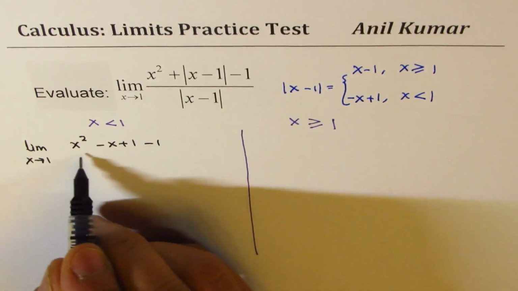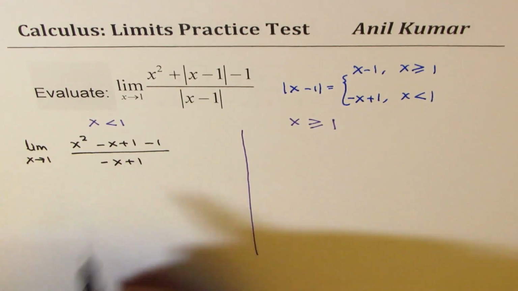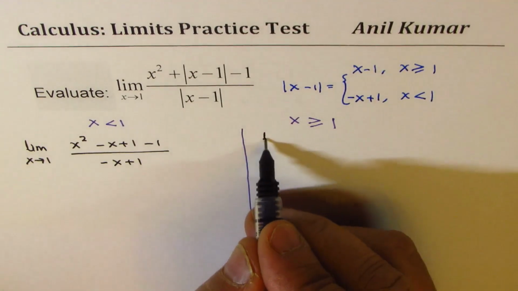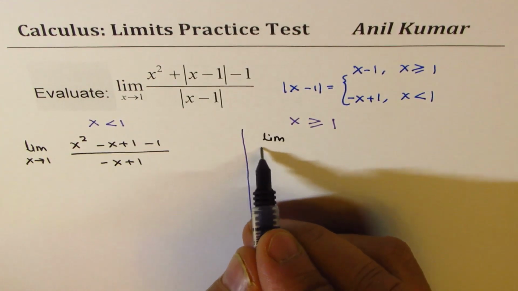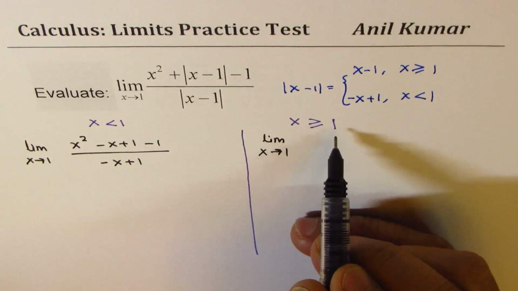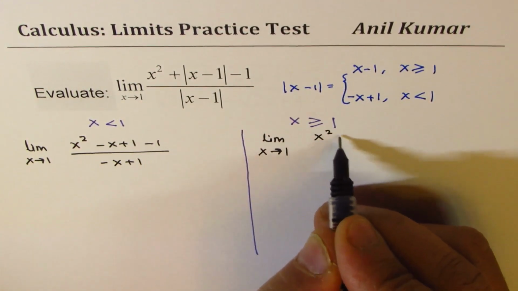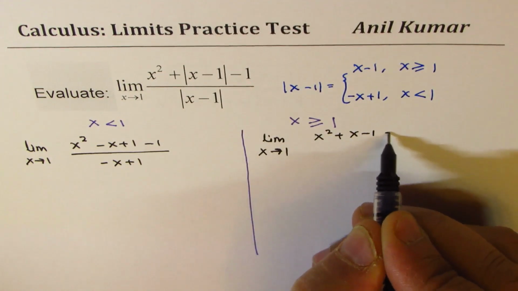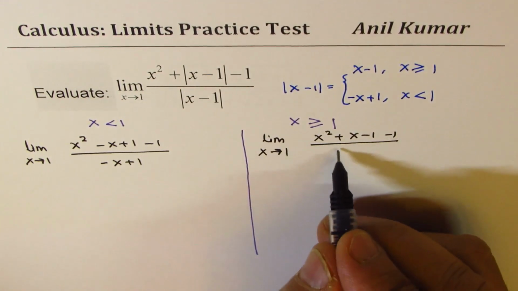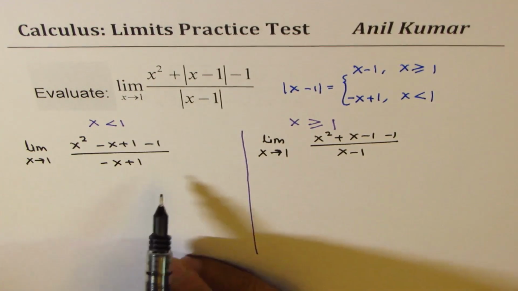Then we have minus 1 here. The denominator will also be minus x plus 1. For the right side, the question will change as this. Since for x greater than or equal to 1, the absolute value is the positive value. So we get x squared plus x minus 1 over x minus 1. Do you see? Now we'll solve each.